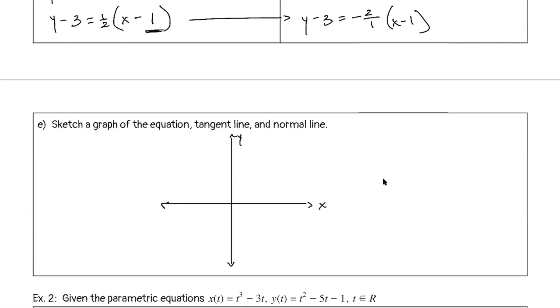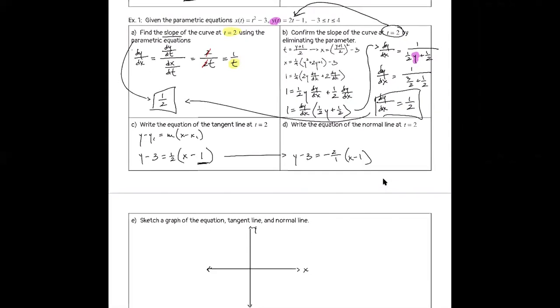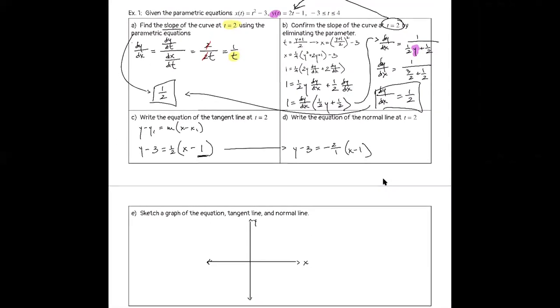X, Y. Okay. And our graph was a parabola facing sideways. And so if we sketch that parabola, we should end up with something kind of like this.